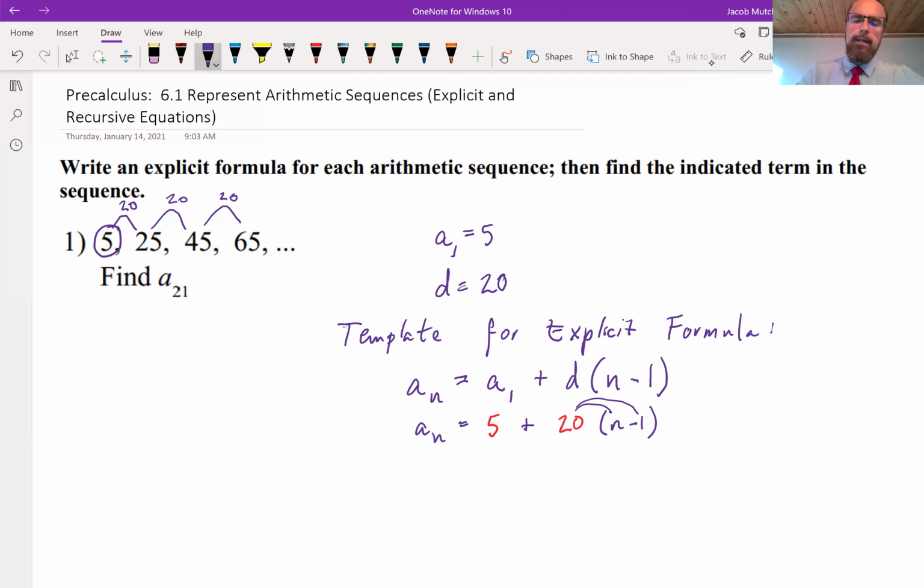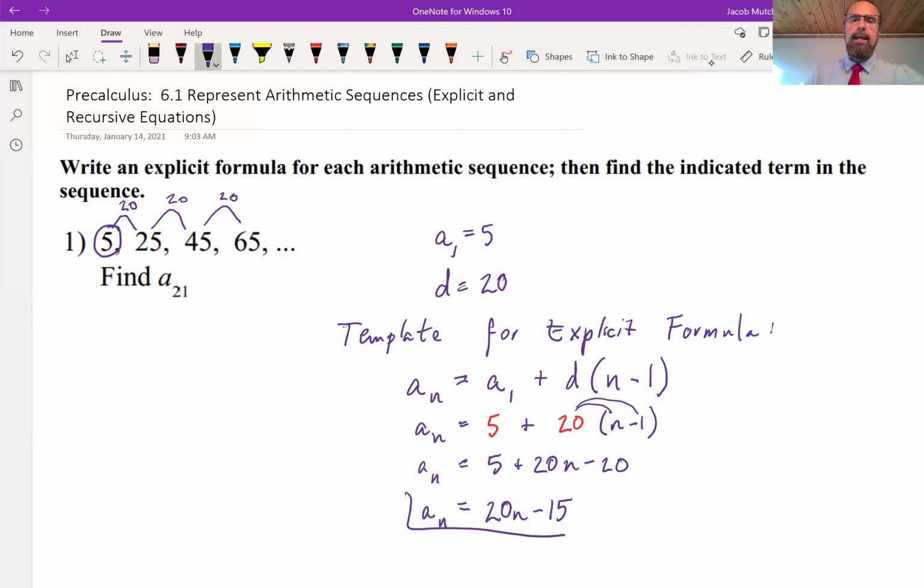So that would give me a sub n equals 5 plus 20n minus 20. And then I see I've got constant terms, the 5 and the negative 20. If I add those together, that's going to be negative 15. So the final version for this formula is going to be a sub n equals 20n minus 15.